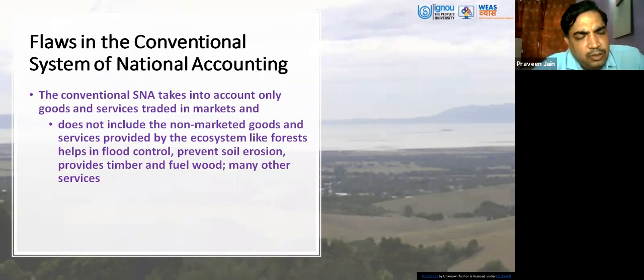We have also understood earlier that there are different flaws and shortcomings in the conventional system of national accounting. The conventional estimate takes into account only the goods and services which are traded in the market. It does not include the non-marketed goods and services provided by ecosystems, like forests helping in flood control, preventing soil erosion, and providing timber and fuel wood.